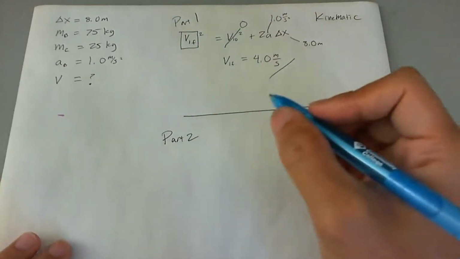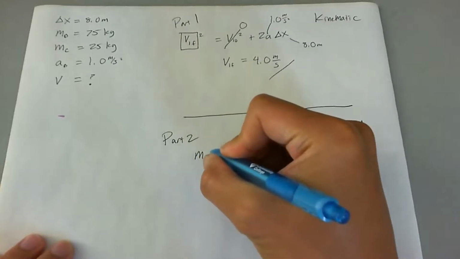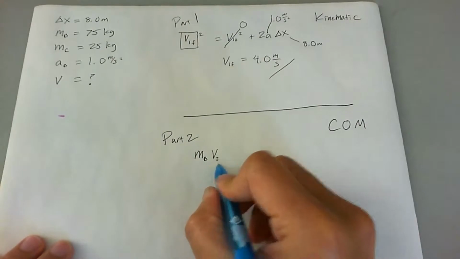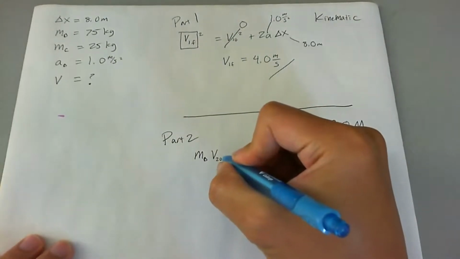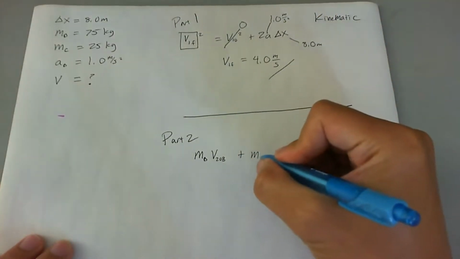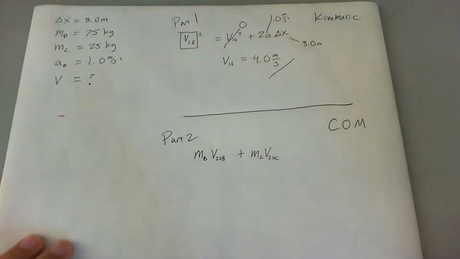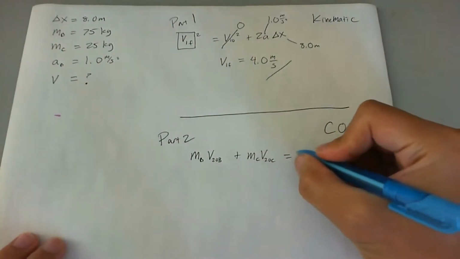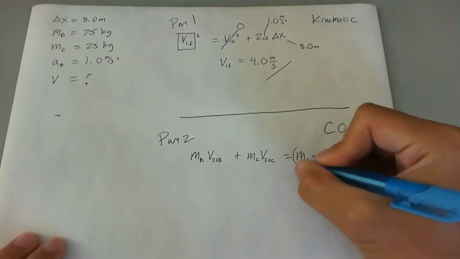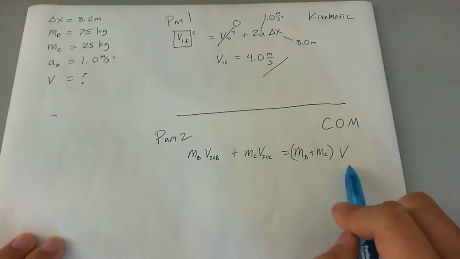Now, for the second part, we're going to use the conservation of momentum. The mass of Bob times the part 2 initial velocity of Bob, plus the mass of the cart times the part 2 initial velocity of the cart, is equal to the mass of Bob plus the mass of the cart multiplied by the final velocity of the Bob and cart system.